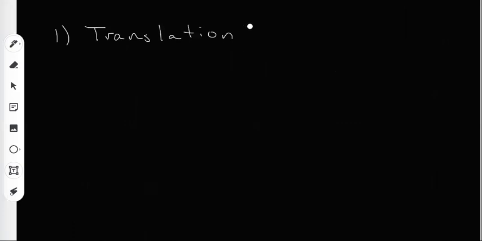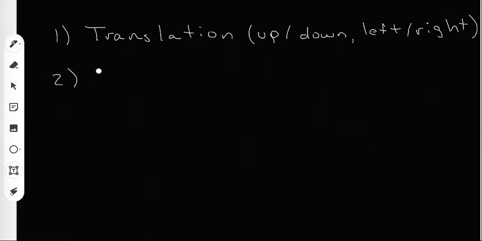So translation could mean you move up, you could move down, and you could also move left, but you could also move right. So a translation is going to be any movement of a function, whether it's up, down, left, or right on the xy plane.